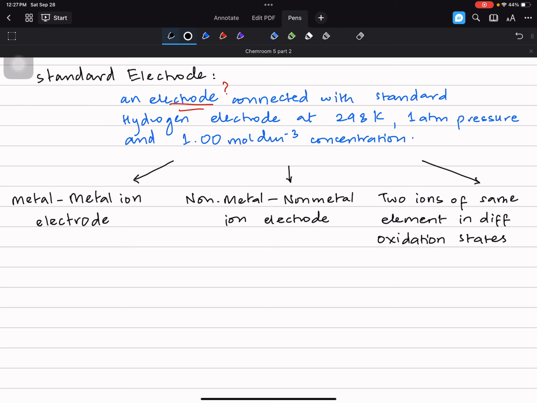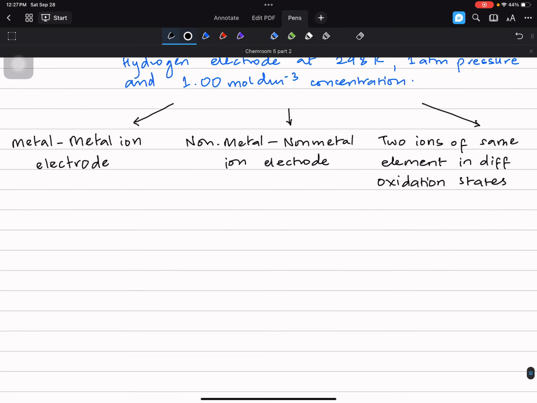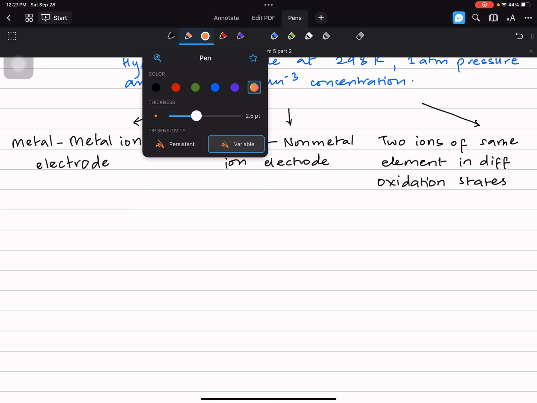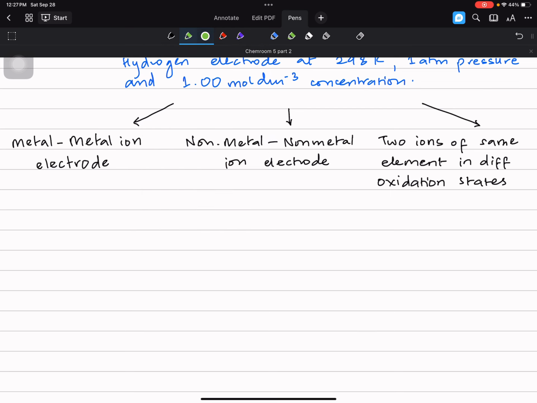Let me give you an example for each category. For example, the most perfect example I could think of for metal and metal ion is, let's suppose, iron 2 ions. Iron 2 ions, which are aqueous, gain 2 electrons and become iron metal. It's an equilibrium between iron 2 ions and iron metal. Iron 2 ions is the metal ion and iron is obviously the metal atom.